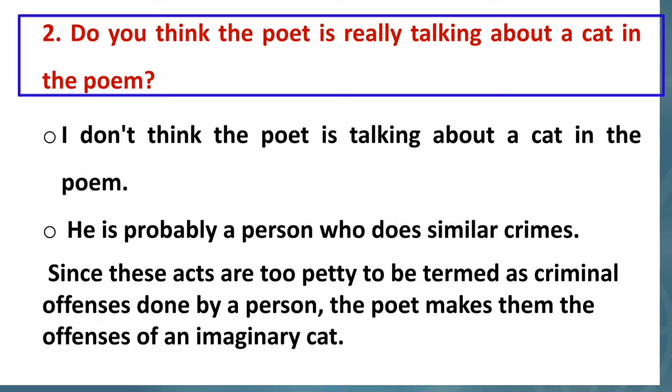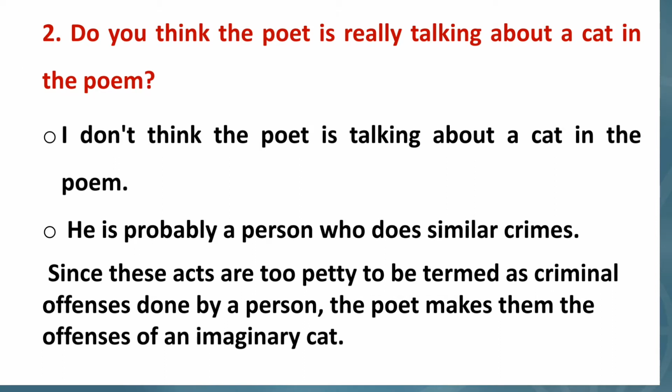The next question is, do you think the poet is really talking about a cat in the poem? The answer you know very well. It is a satire. Satire means indirectly talking about another person. Like the same thing here, the character of a real person may be given to an imaginary cat. So look at the answer.